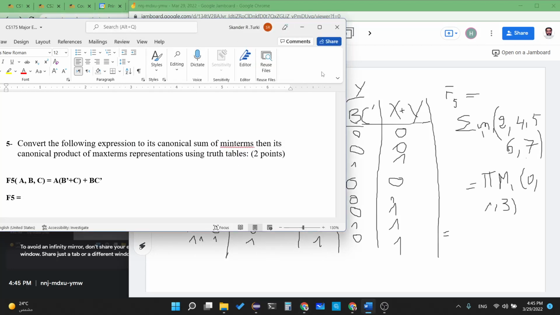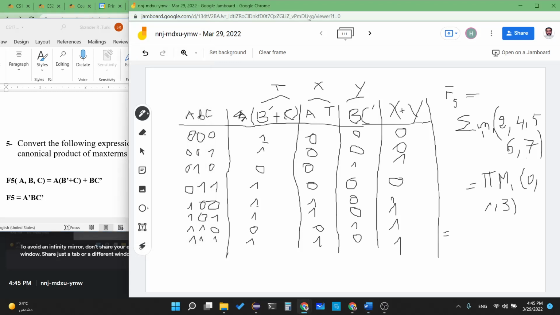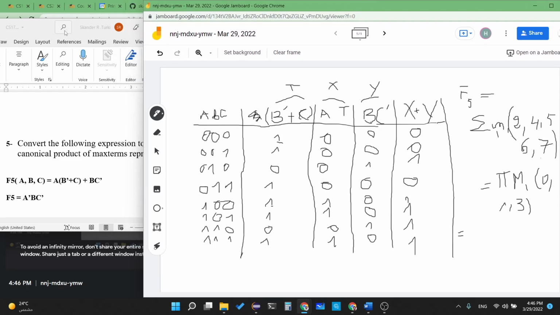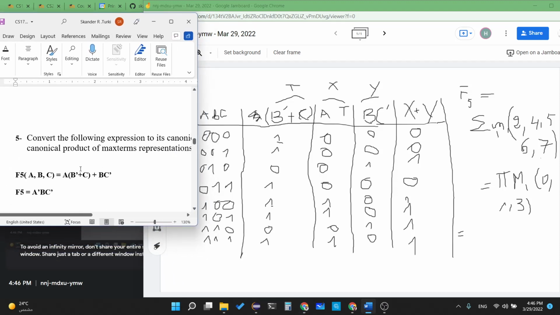So minterm 0 is A bar, B bar, C bar. Oh no, minterm 2, sorry. So minterm 2 is A bar, B, C bar. Okay.